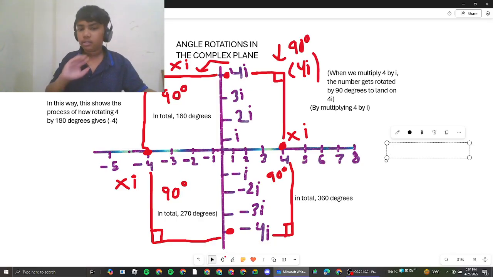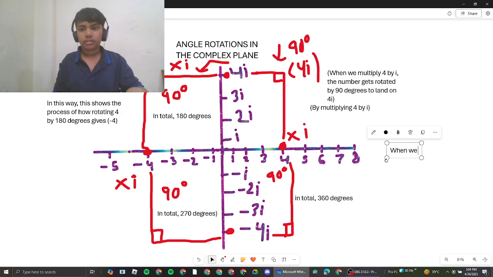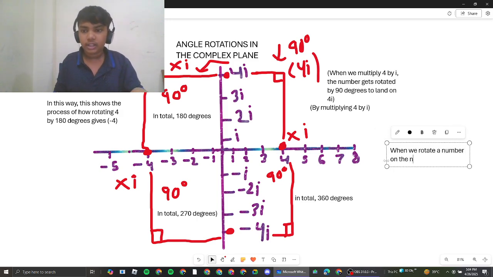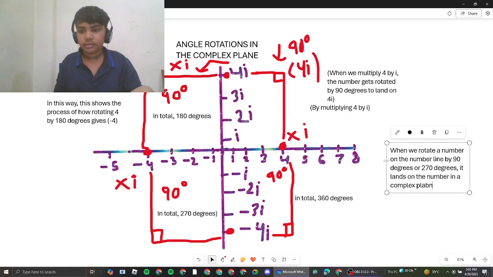I'm going to write: when we rotate a number on the number line by 90 degrees or 270 degrees, it lands on a number in the complex plane.